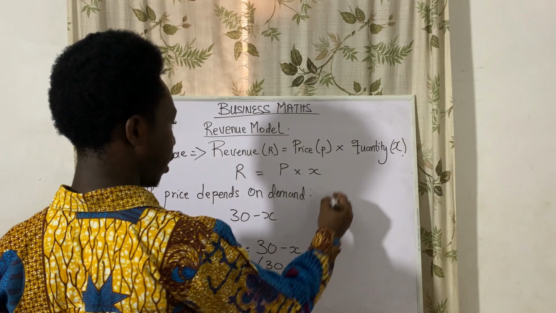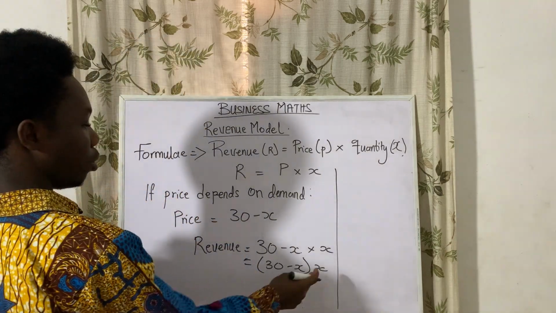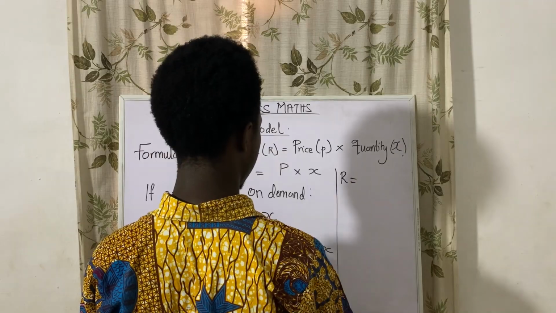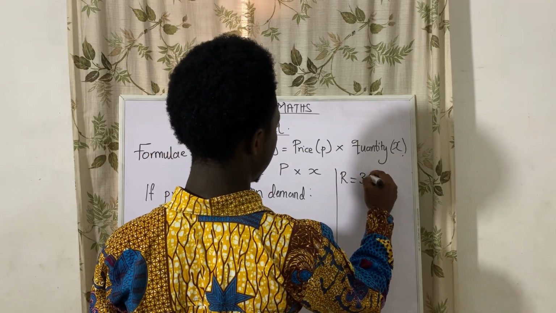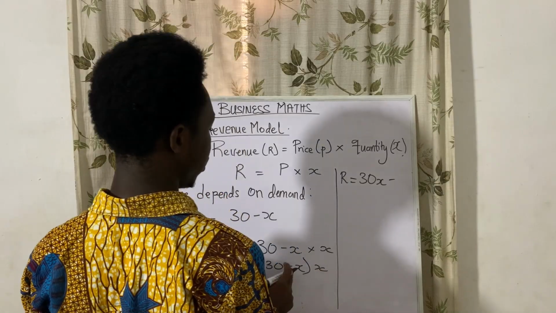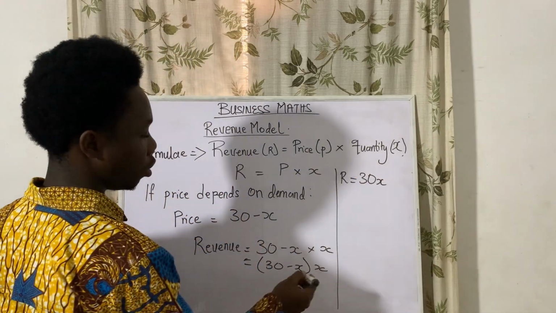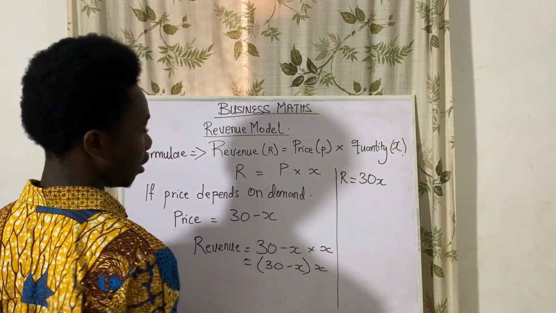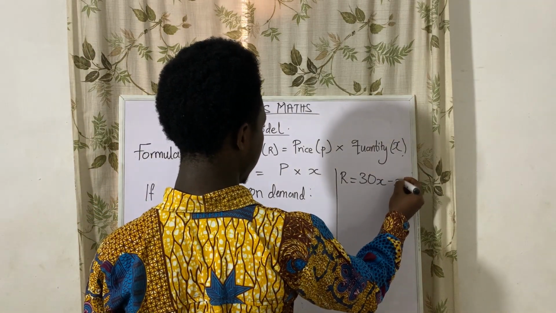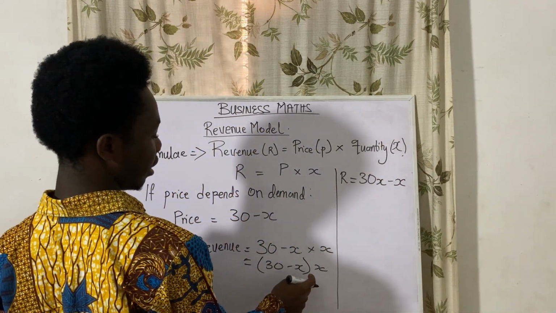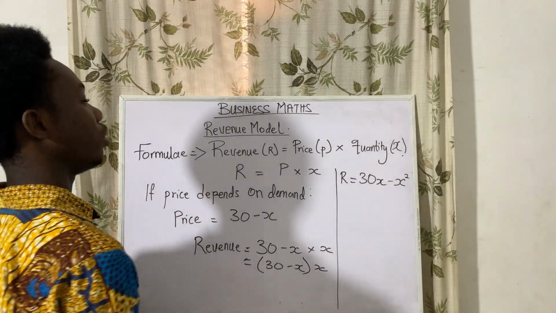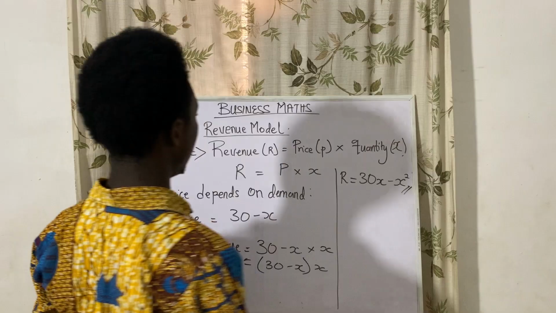So X times 30 gives 30X, then minus X times X, which is X squared. So revenue is equal to 30X minus X squared. This is going to be your final answer.